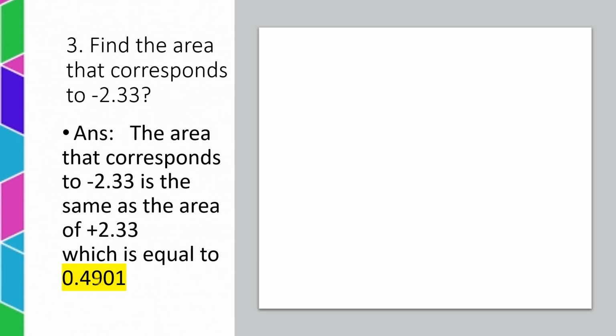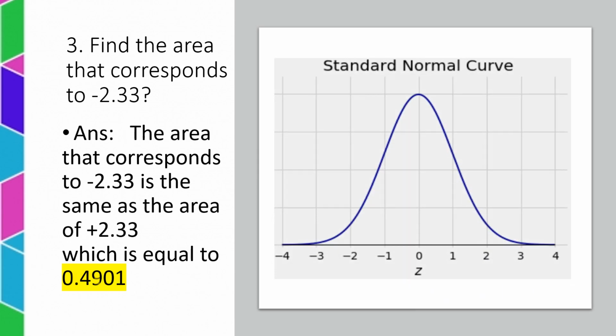So that is also equal to 0.4901. So to graph the negative Z value, of course, dito ka sa at the left of 0. Since your Z score is negative.